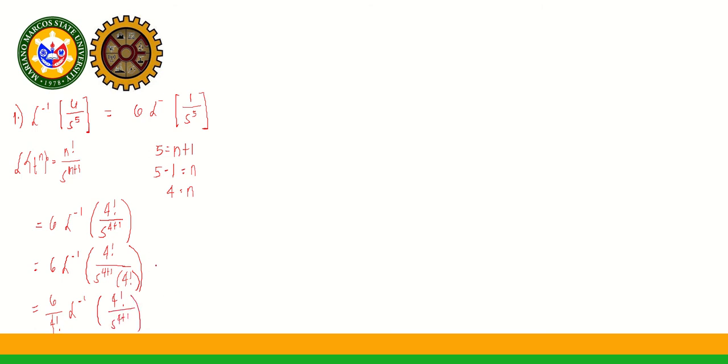So from here, pwede na nating isulat to into its original equation, into its inverse Laplace transform. So 6 over 4 factorial is 24. That is 4 times 3 times 2 times 1 times, this is 4 factorial over s raised to 4 plus 1. That is t raised to n, and n is equal to 4. So this will be equal to t raised to 4.